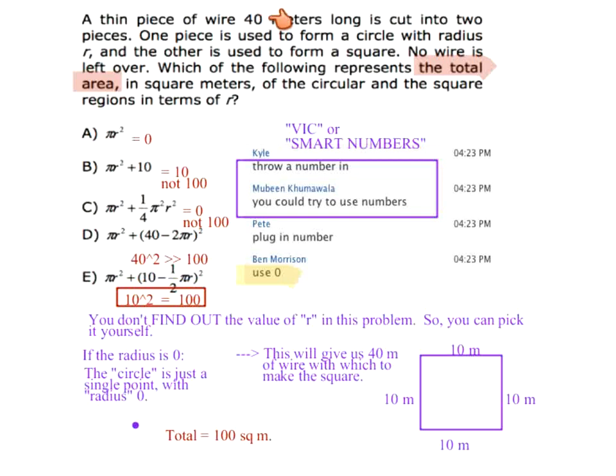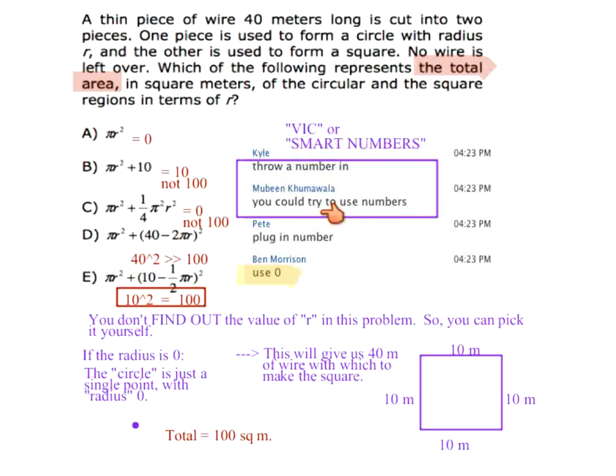Then you'd have 40 minus 4 pi meters left over. So this would be 10 minus pi, 10 minus pi, 10 minus pi, 10 minus pi. And then it would still be this. I'd encourage you to work that out later and see how that works out.